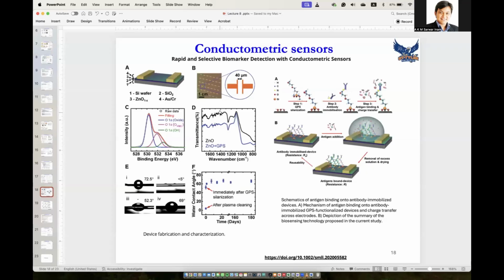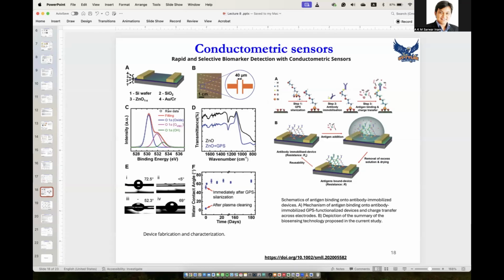One is the cardiac inflammatory biomarker called interleukin 6, or in short IL-6. And another biomarker is called C-reactive protein, CRP. So these two biomarkers they are detecting with this conductometric sensor.